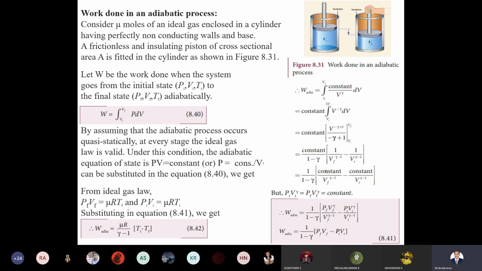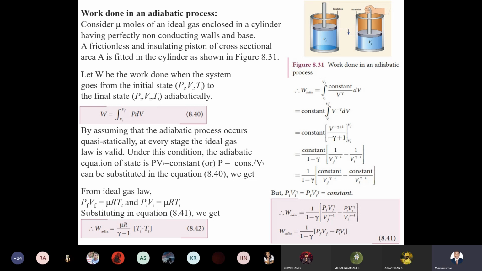Then we can also substitute and get W adiabatic as mu R by gamma minus 1 into (T initial minus T final), because PV is equal to mu R T. So we can have P final V final is equal to mu R T final, and P initial V initial is equal to mu R T initial.